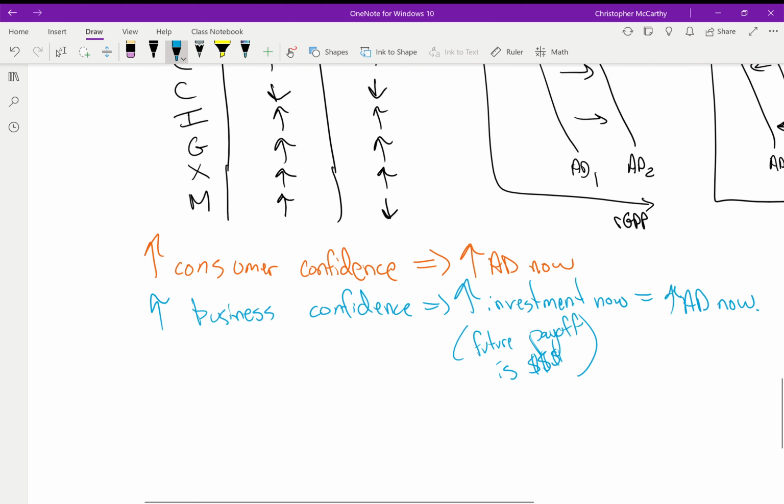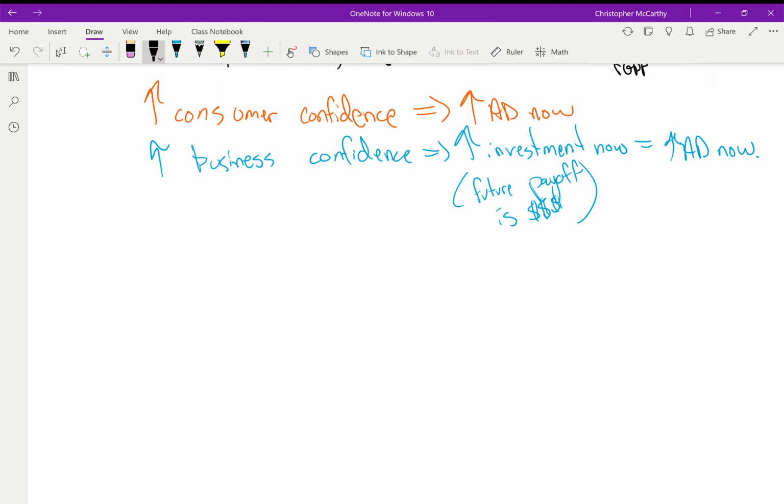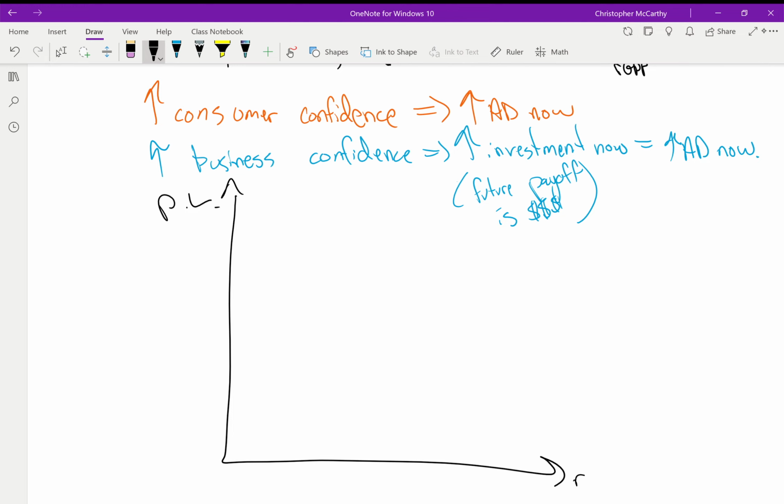And so just for completeness, let's do a graph talking about a decline in consumer confidence. Price level, real GDP. Green, demand curve. Red, short run supply curve.